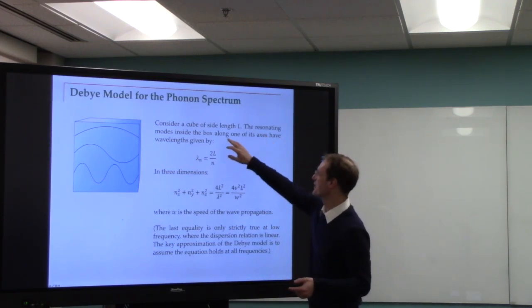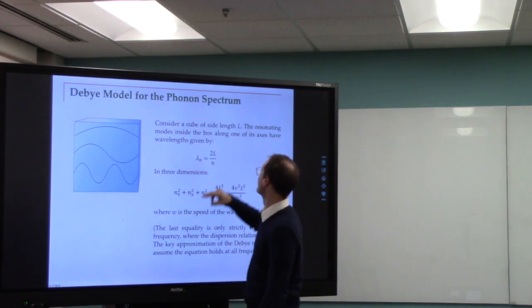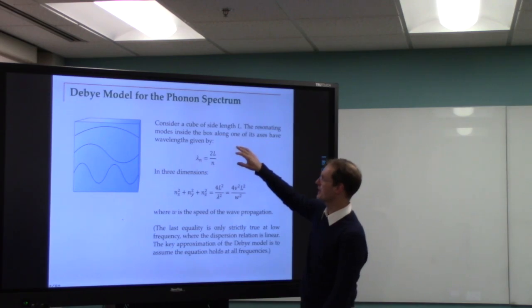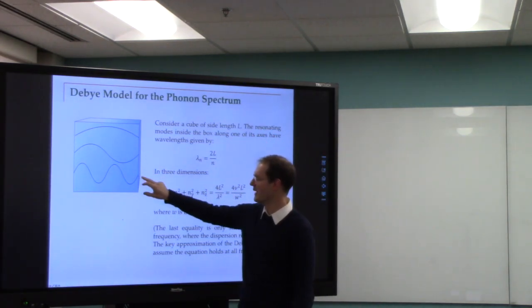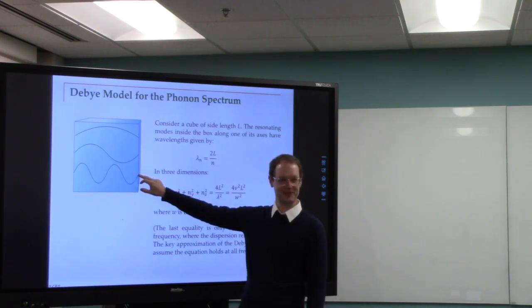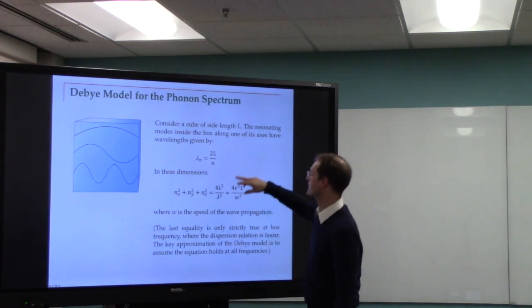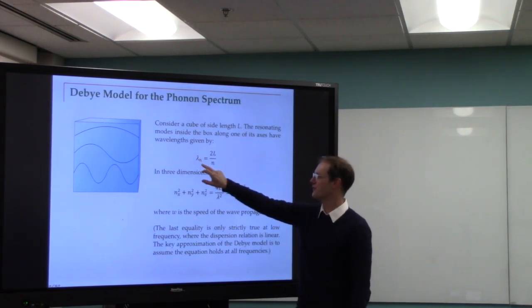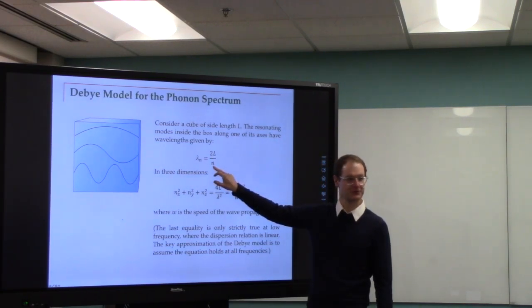And so if you consider a cube with side length L, then the resonating modes inside the box, right, that obey the boundary condition that the displacement has to be 0 at the edge of the box, you would have wavelengths that have to be 2L over n, where n is an integer, right?